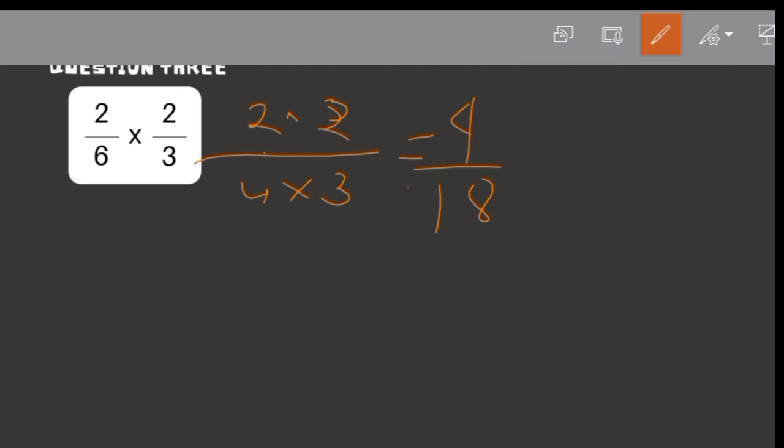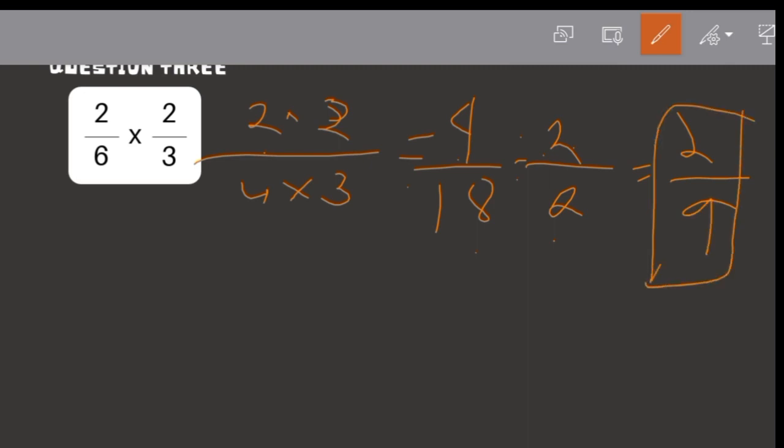Is that the lowest form or the lowest term? No, right? Since they have a GCF of 2. 4 divided by 2 is equal to 2. 18 divided by 2 is equal to 9. So our final answer is 2 over 9. Sorry, I'll rewrite it because I don't think you understand my handwriting. So 2 over 9.